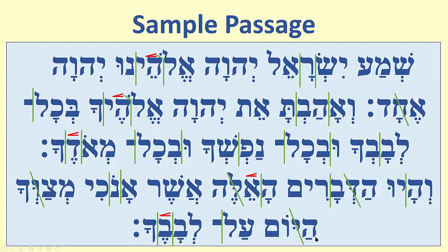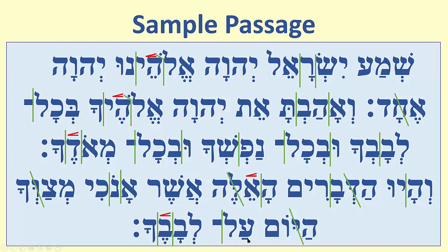Here we have the word hayom, doubling dagesh in the yod, so the first syllable is closed with a short vowel. The second one, however, is closed with a long vowel, so it must get the accent. Hayom. And here we have another makaf, so we treat this as part of the next word.